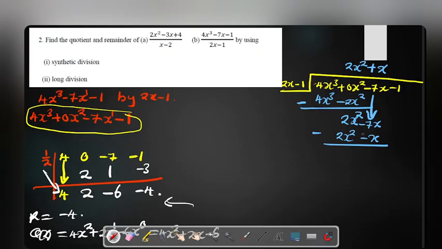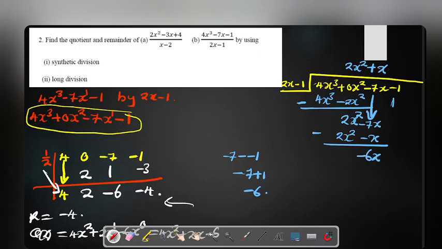Then this negative 7x minus negative x. So negative 7 plus 1 will be negative 6. So here we have negative 6x.